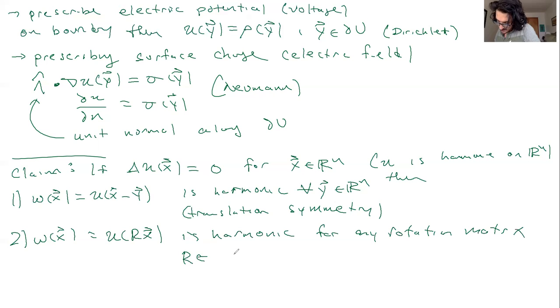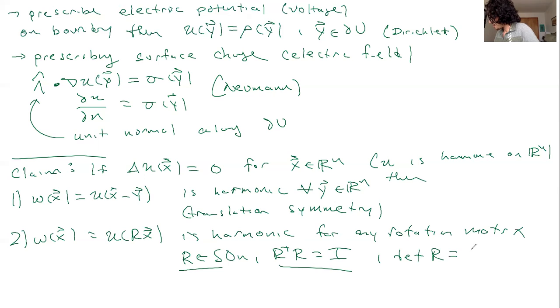And we can define these as R is going to rotate our coordinates such that R transpose R is equal to I, and the determinant of R is equal to plus or minus 1, right? So we're not changing the size of vectors. We're just rotating their coordinates. So rotation symmetry. Okay, we'll prove these, and then I think we'll be done for the day.